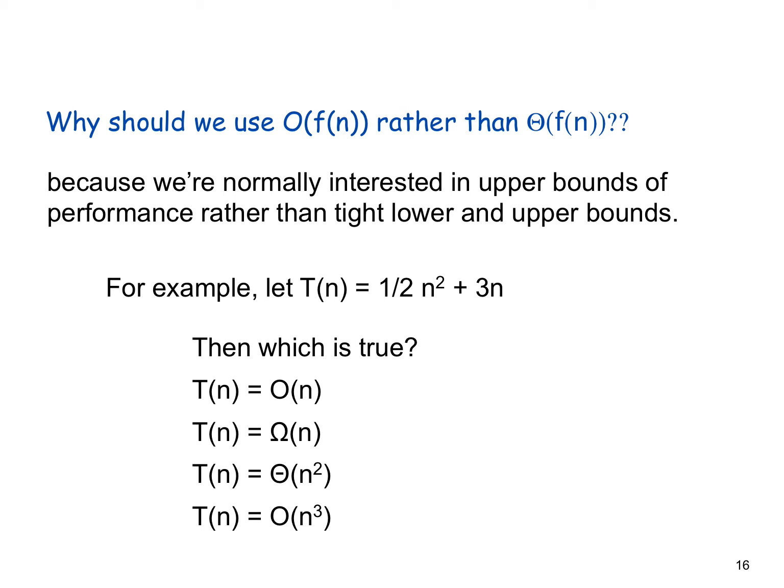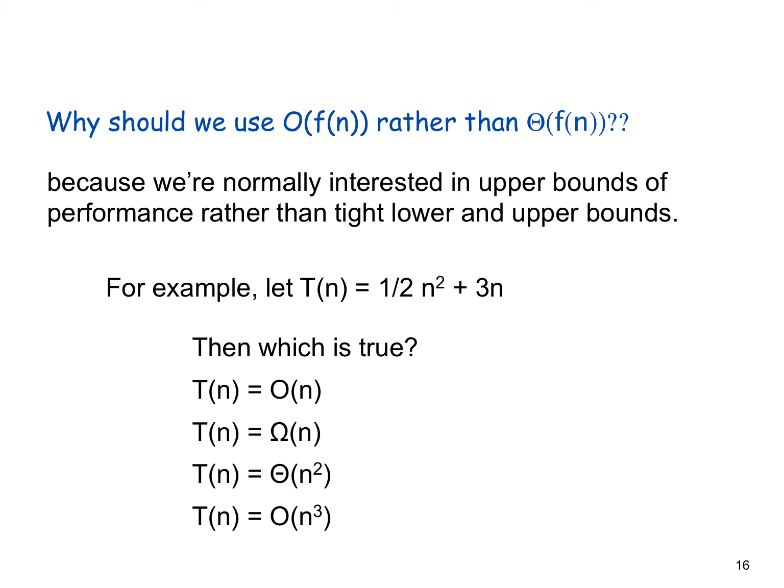Another one. Why should we use big O of f of n rather than big theta of f of n? You would think you would want to use big theta of f of n because it's the tight bound. And that would be nice. But what we're normally interested in is actually the upper bounds of performance rather than having tight lower or upper bounds.